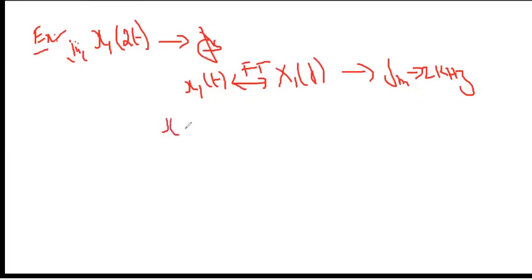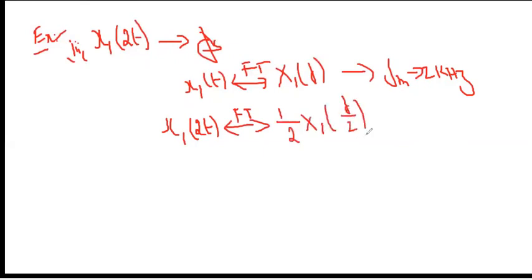Suppose the given signal is x1 of 2t, a time scaling, that is x1 of a into t, my dear students. For that Fourier transformation, you can apply the time scaling property, 1 by a, here 2, x1 of f by 2.